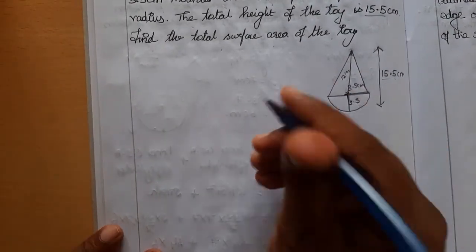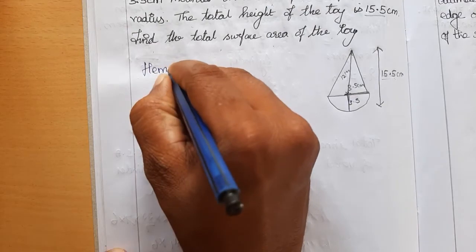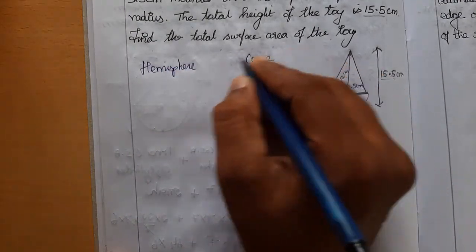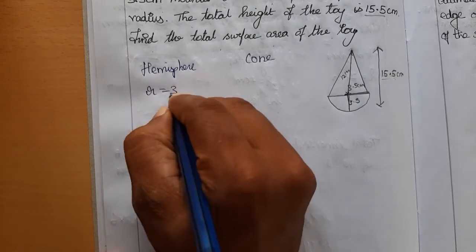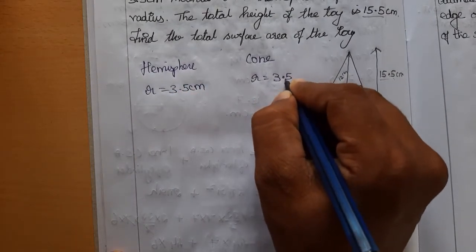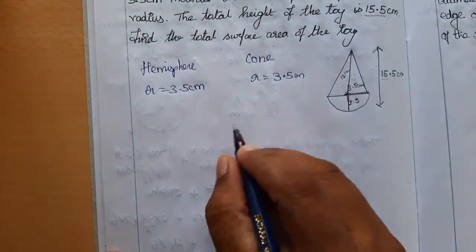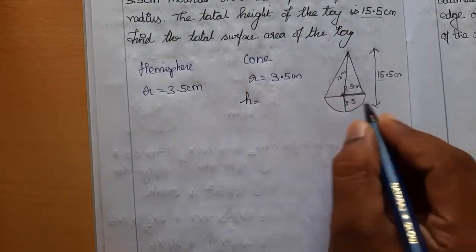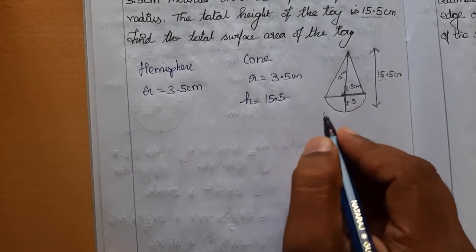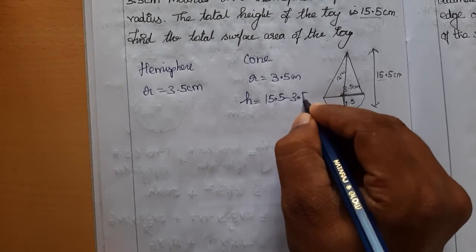So two shapes, one is the hemisphere and another one is the cone. So directly given the radius is 3.5 centimeter, the cone also will have the same radius 3.5 centimeter, since it is mounted. And while finding the cone height, we have subtracted from the total height. Total height is 15.5 minus height of the hemisphere, 3.5.